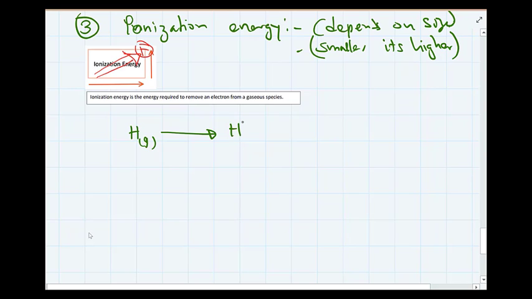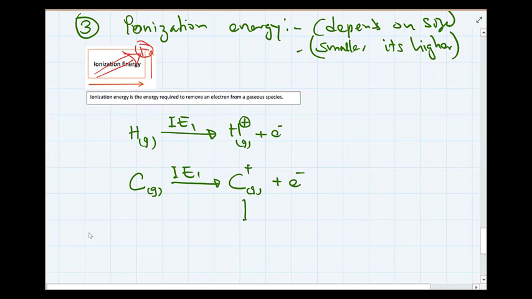So the ionization energy, or IE1, is hydrogen gas becoming hydrogen plus, and ionization energy 1 will cost you some energy. This is endothermic, you have to provide the energy, so it's positive, right? You can also take a carbon gas atom and remove one electron, making carbon gas plus, and that's ionization energy 1. From the carbon gas plus, you can remove another electron, which gives you carbon 2 plus gas, and that's IE2.